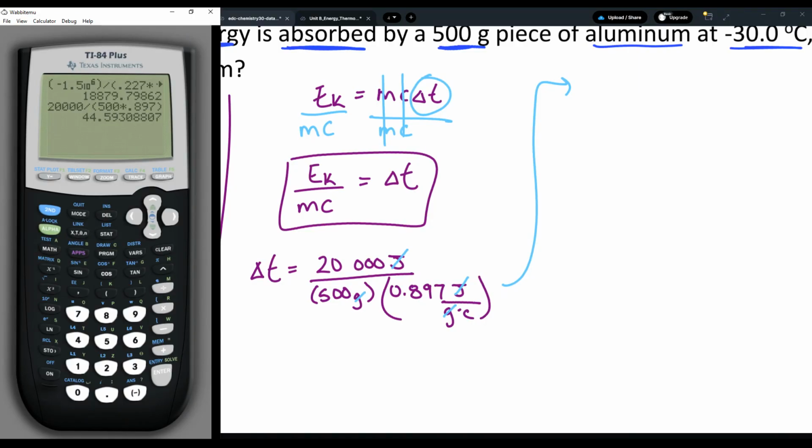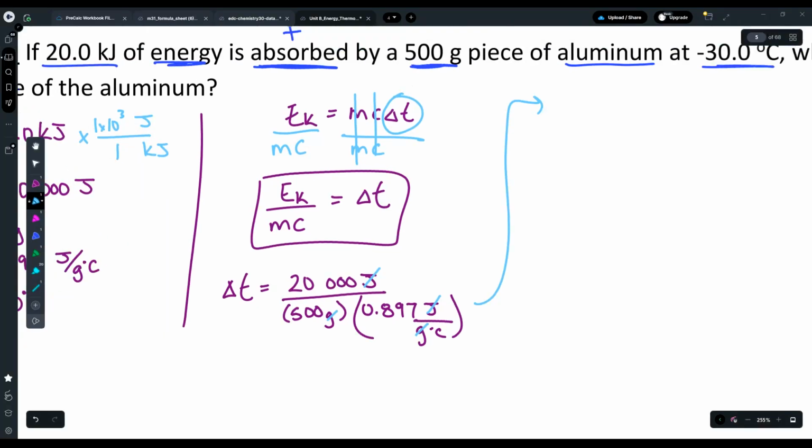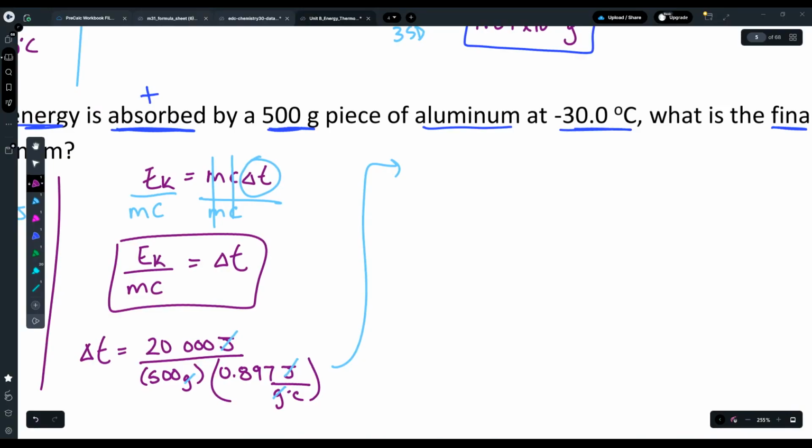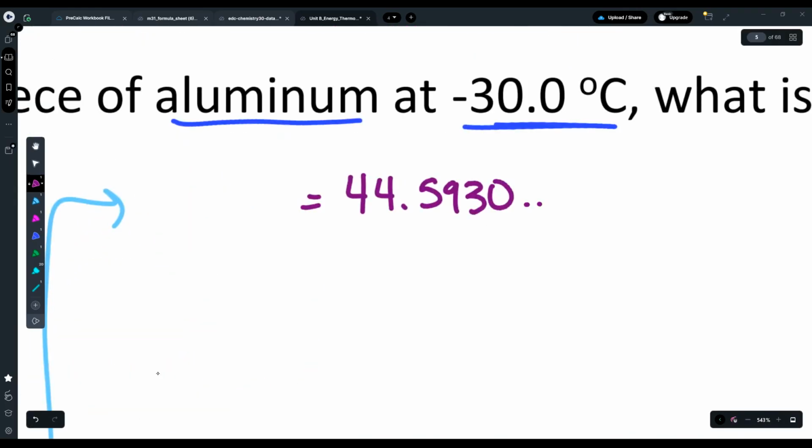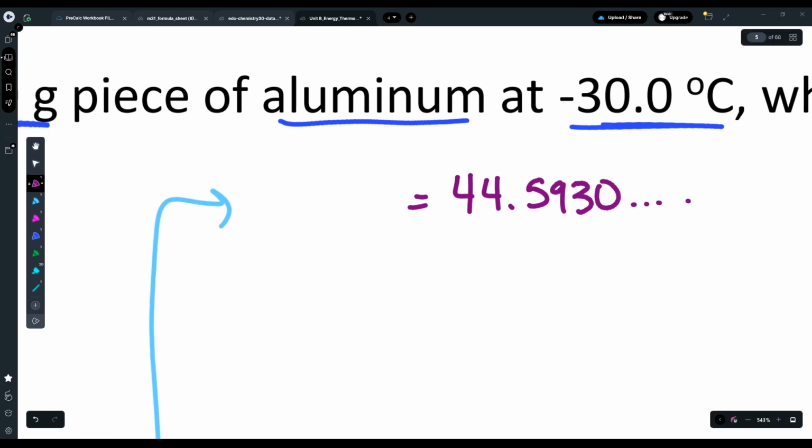So 44.5930 keeps on going on forever. Because the number keeps on going on forever, I'm going to use an ellipsis to mean that. However, I'm going to keep the raw number in my calculator for future calculations.